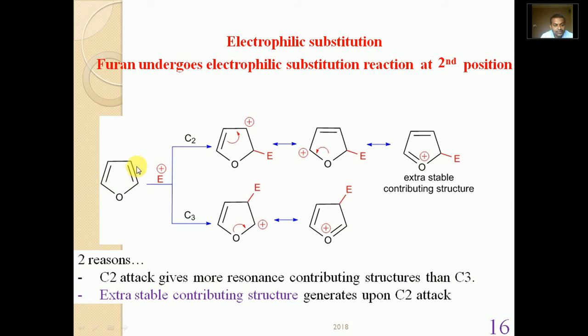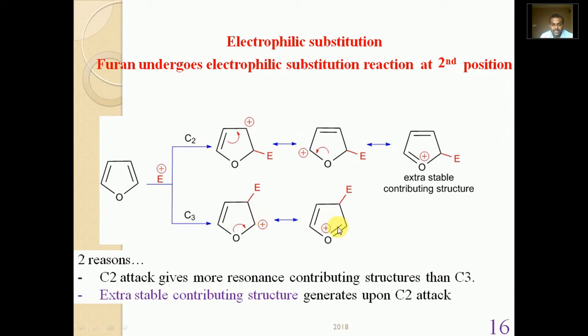If the electrophile has to attack, where should it orient, either 2 or 3? As we have seen, there are 2 possibilities. If the attack takes place at the 2 position, then the intermediate carbocation formed is stabilized by 3 resonating structures. If the electrophile attacks at the 3 position, then the intermediate carbocation formed is stabilized by 2 resonating structures.